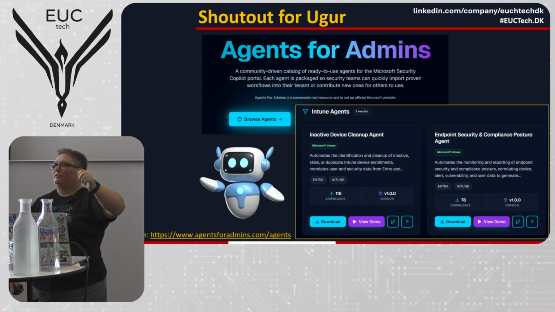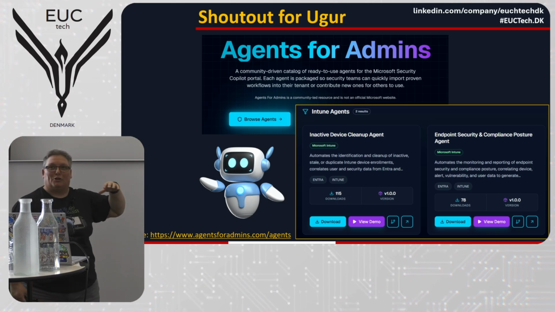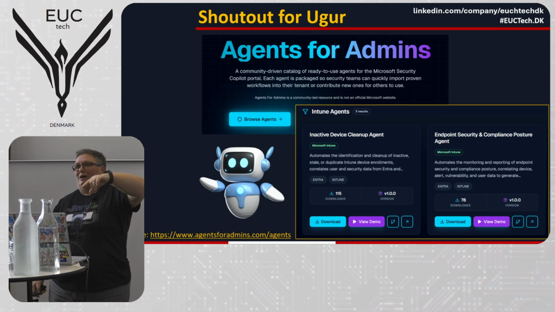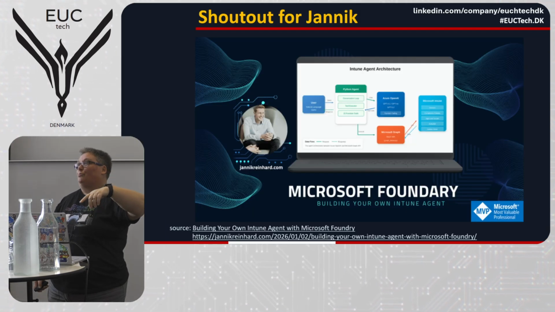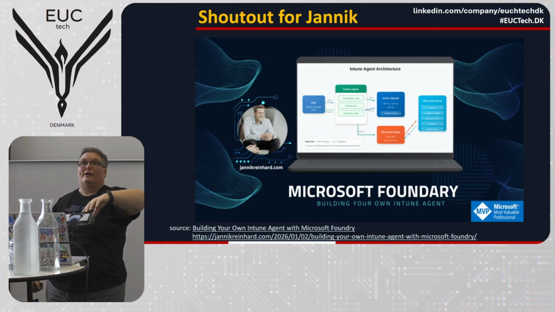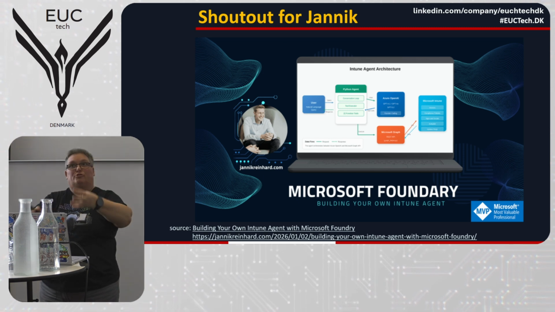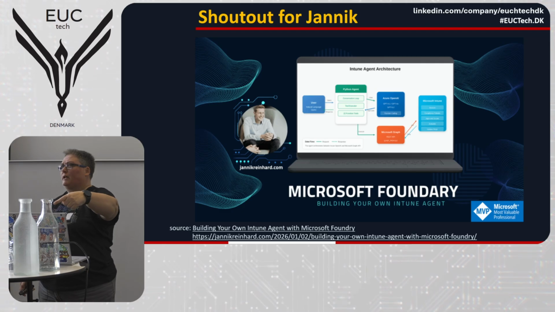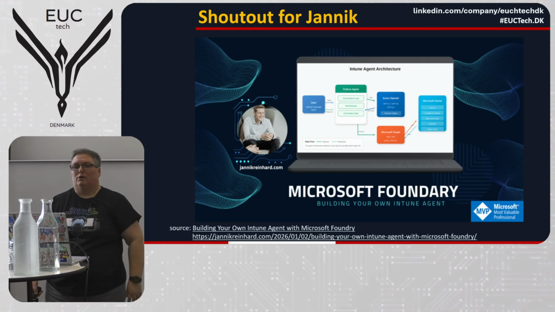I'll just quickly skip through this one because I did find a really cool playground. Agents for Admins, created by Ugur Kok, is a place where he wants the community to offer their different agent builds. Those are the YAML manifests that you can import.